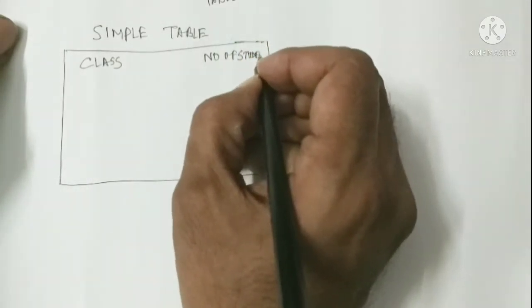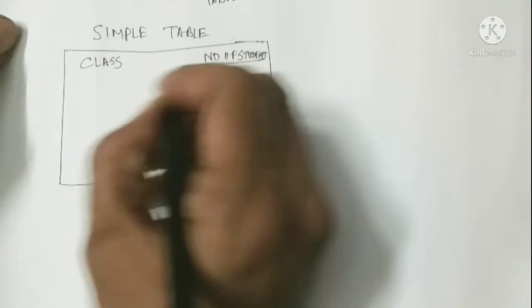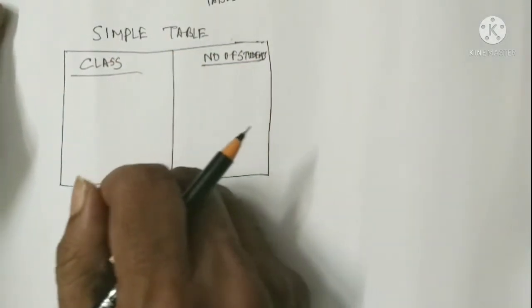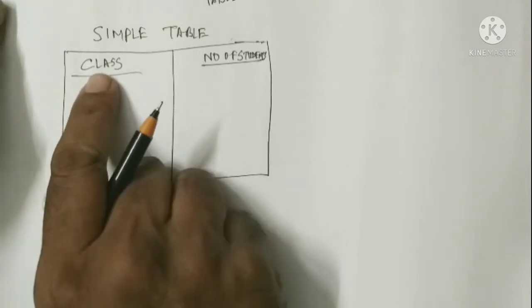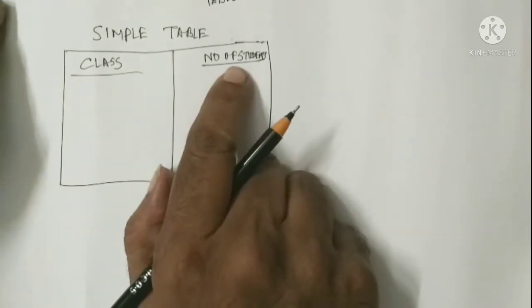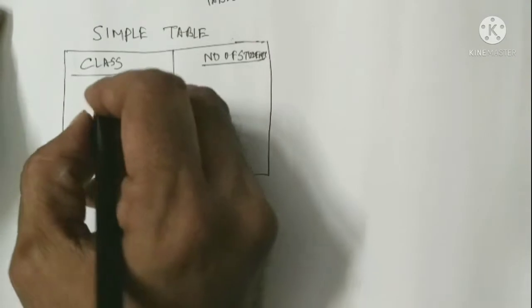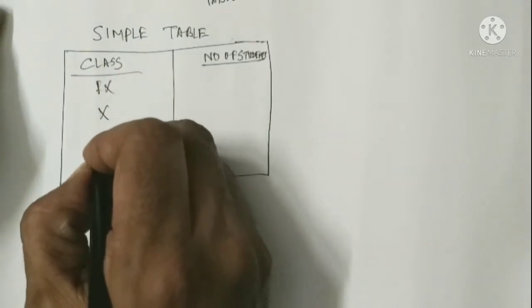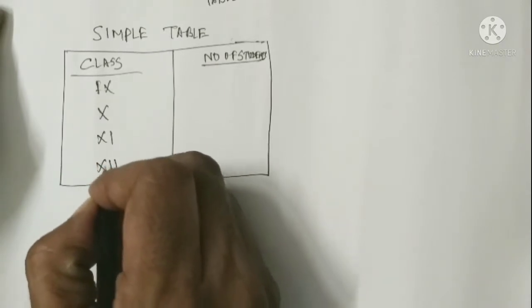This is very simple because there are two columns. First column is class, second column is number of students, and we consider class 9, class 10, class 11, class 12.